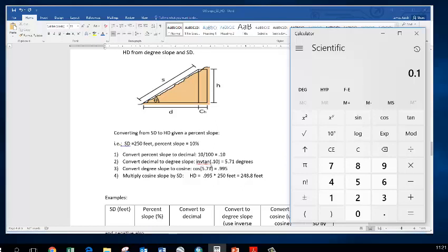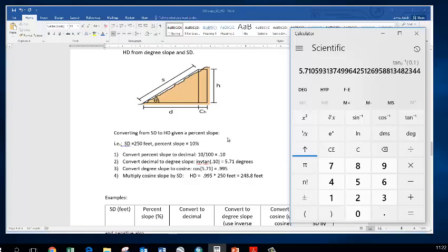On a lot of calculators you'll see a tangent with a -1 sign over it. On my Microsoft calculator, I have to hit the up arrow, and then I see that's the inverse tangent. So when I took that 0.1 and did the inverse tangent of it, what it gives me is the degree slope. That's the slope in degrees.